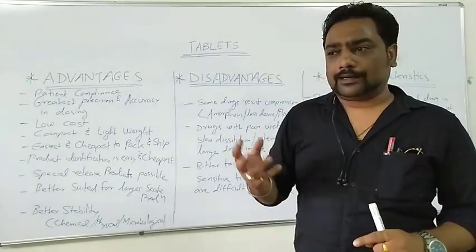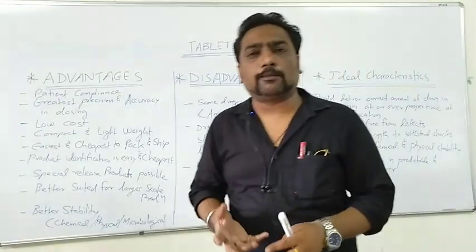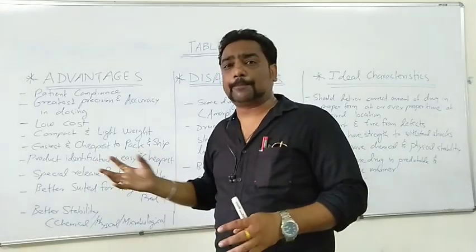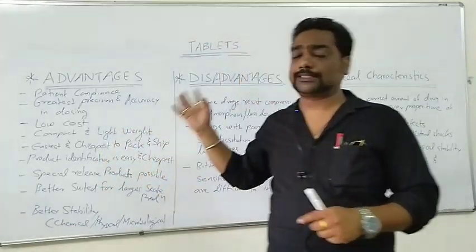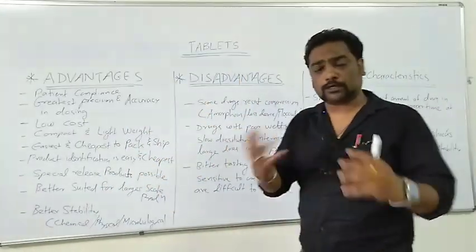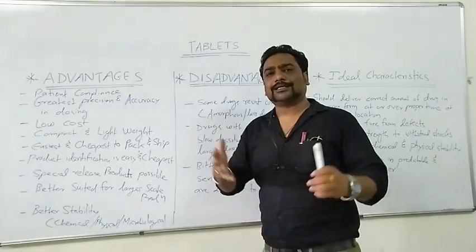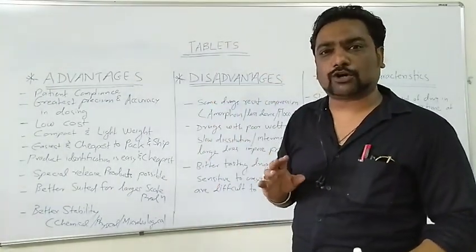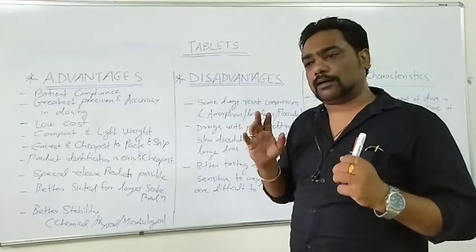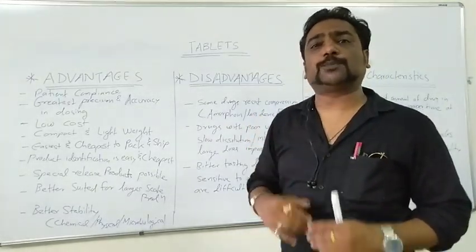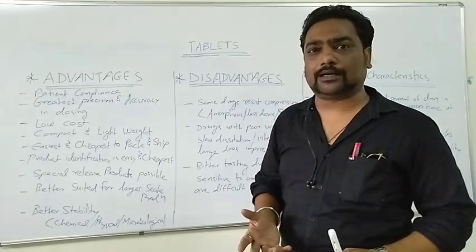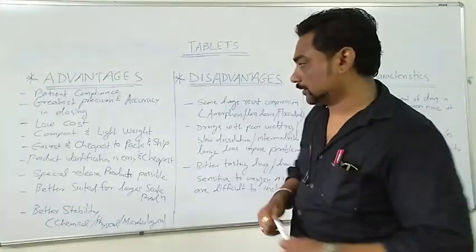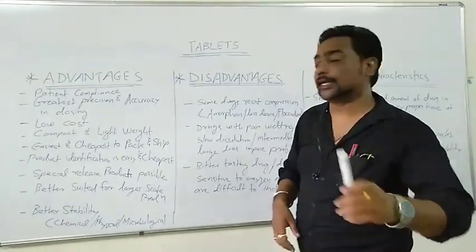So modified release dosage forms or tablets can be prepared by the same tableting technology. Some modifications, polymers, and techniques that we are going to discuss in later sections of the chapter are to be followed for manufacturing specialized kinds of delivery modes such as sustained release and delayed release.